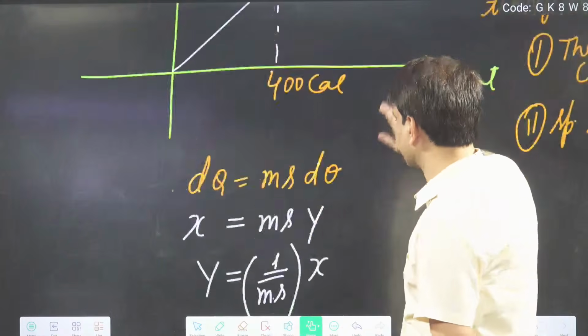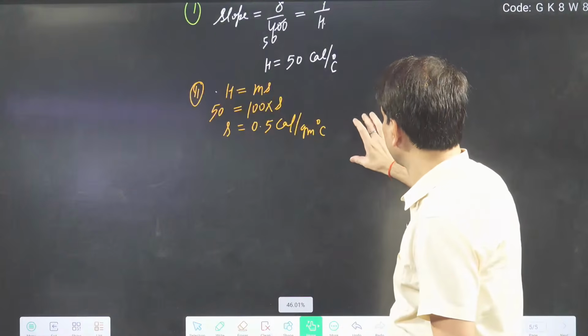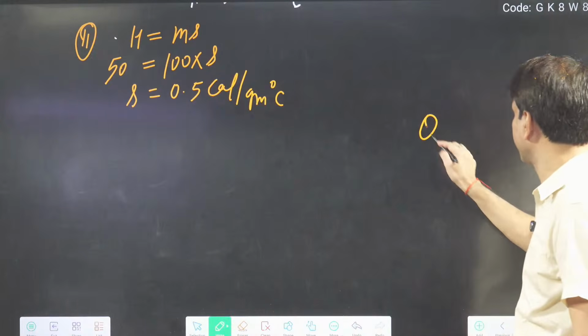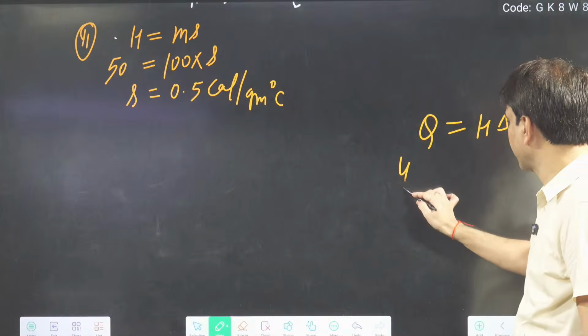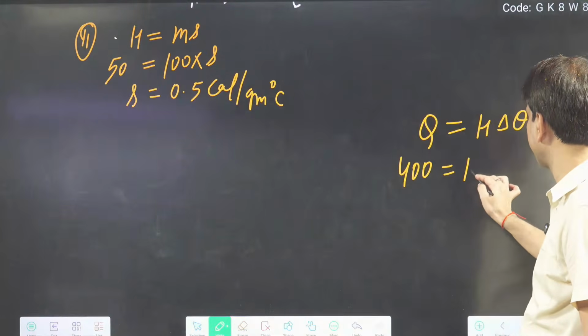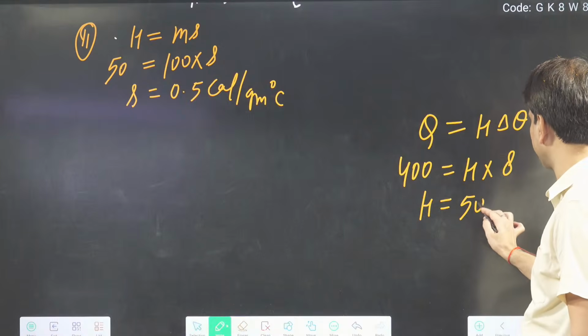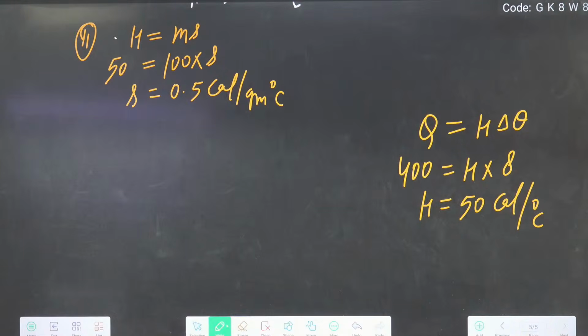Then directly I can say, Q is equal to H into delta theta. It absorbed 400 calorie of heat when temperature changed 8 degree C, so the H value I got is 50 calorie per degree C. So without using the slope also we can find it this way.